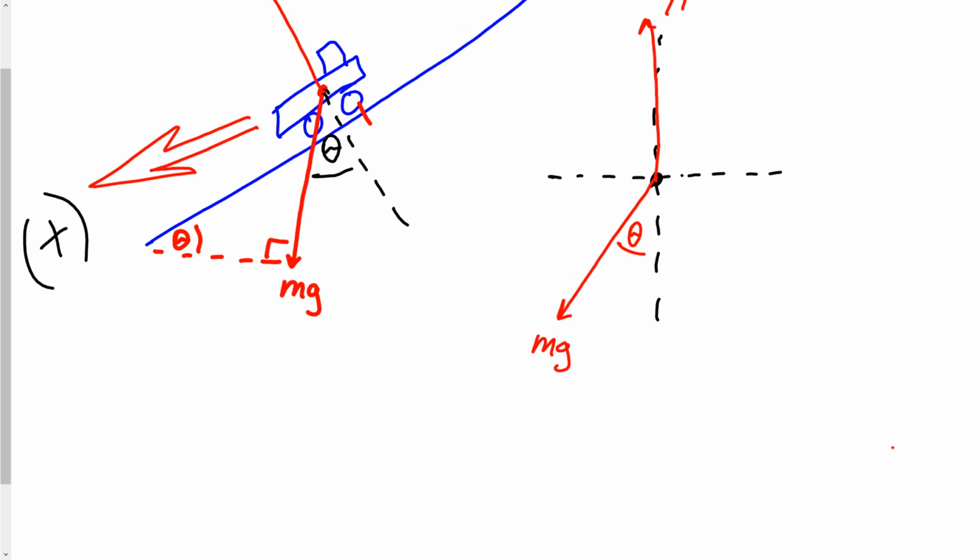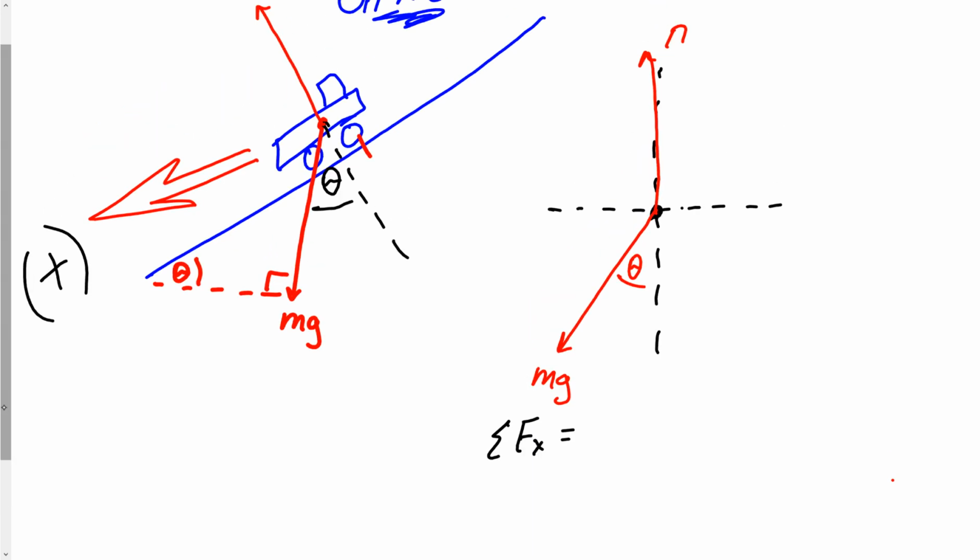Let's do a sum of the forces x and a sum of the forces y. You've got sum of the forces x. Well, take a look at your picture. In this case, it's going this way, so that's going to be my positive direction. So the only force I have moving in a positive direction is this mg at some angle of theta.